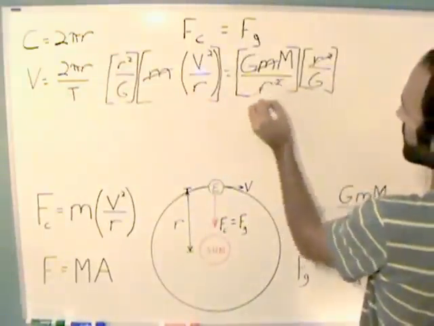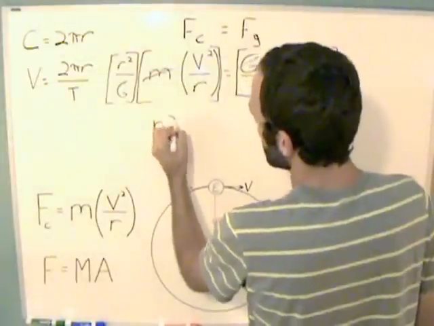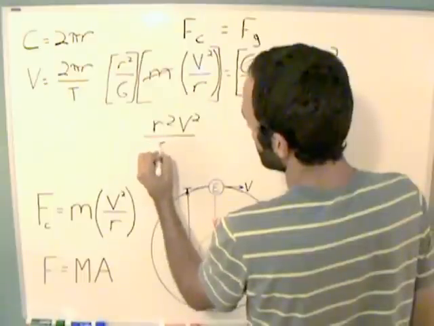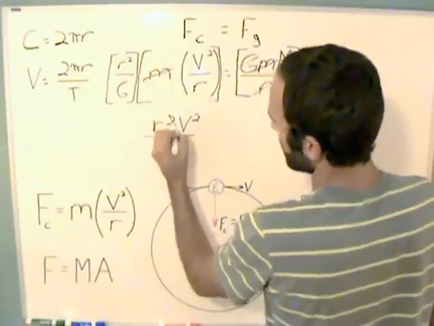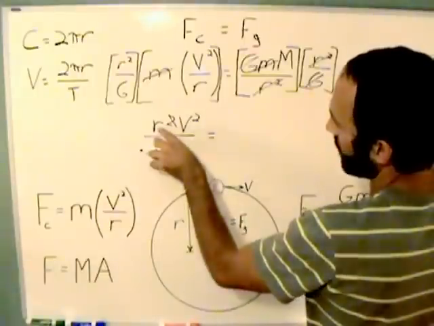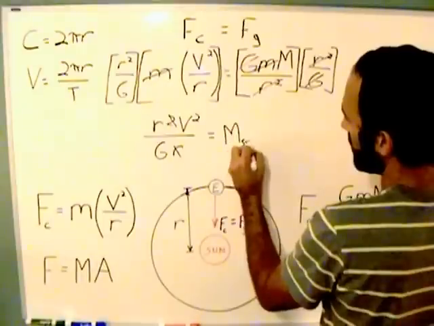So r squared cancels, G cancels, G cancels. Over here you've got r squared times v squared over G times r, and then this r cancels. So you really just have r times v squared over G is equal to the mass of the Sun.